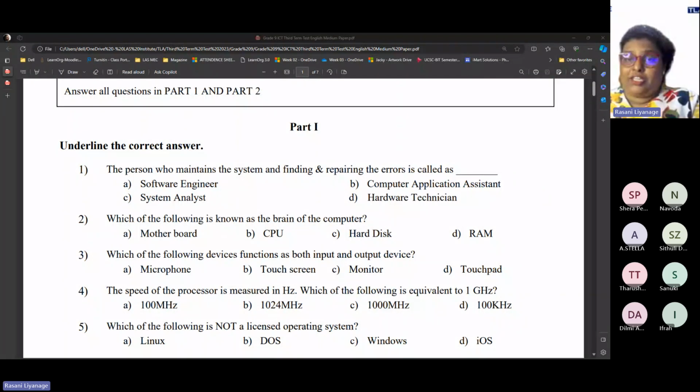That is software engineer. Software engineers are there to make systems, to make software. When there's a problem in the software, they will identify that and correct it. So the role of a software engineer will last throughout the whole life of the software.